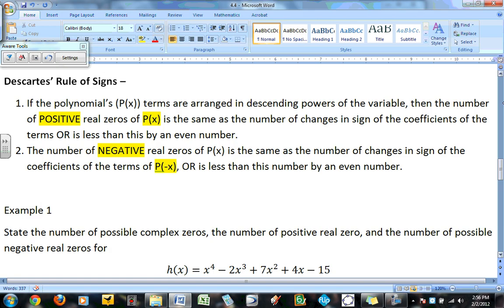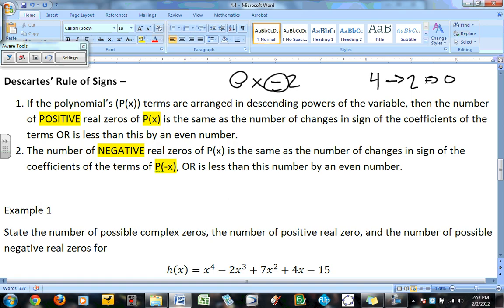So I'll give you an example down below, but here is one example, x minus 2. This is a positive, this is a negative, that's one change of signs. So the positive real roots is going to be the same as the number of sign changes, or less than that by an even number. So say that we have 4 sign changes, we could have 4 real roots, or 2 real roots, or 0 real roots.